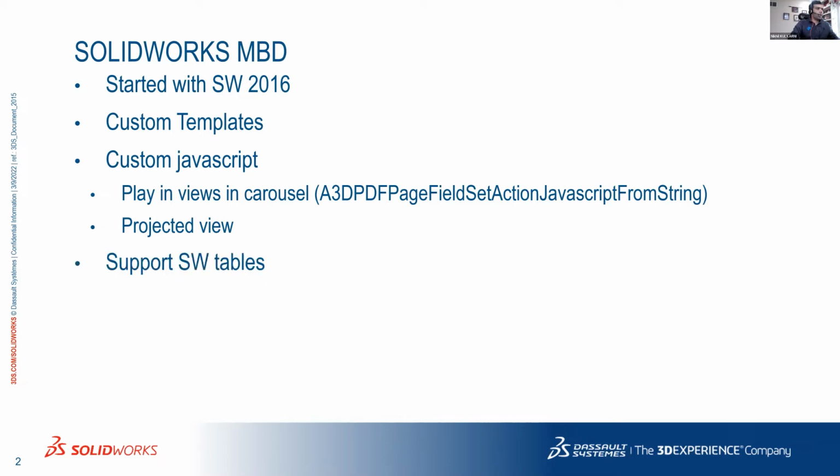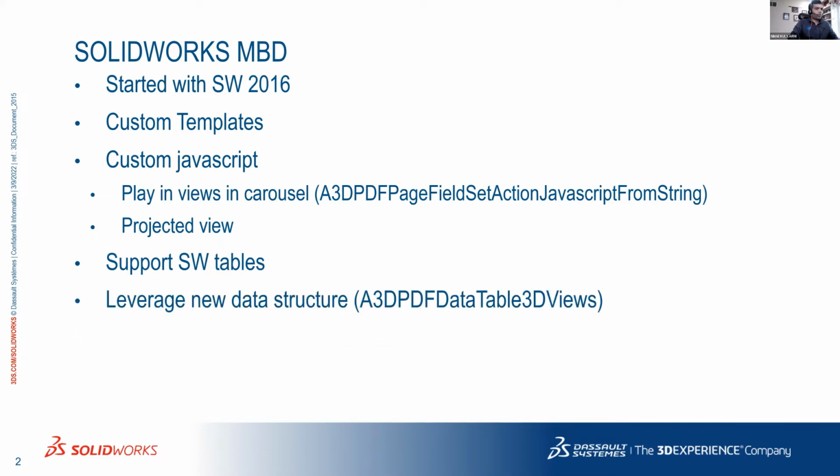Support for SolidWorks tables. Now, this one is using the custom templates. You can support tables that SolidWorks supports in 3D, which right now are general tables or BOM tables. Then there's leveraging the new data structure, and some of you might identify that structure: the 3D PDF data table and 3D views.